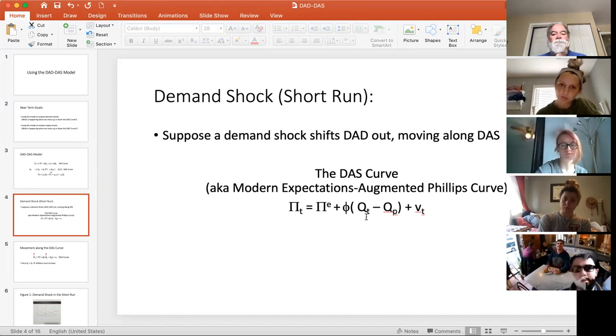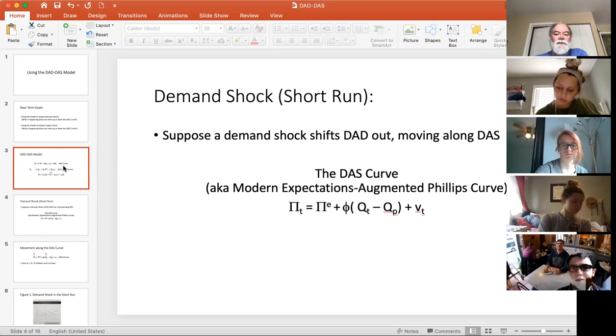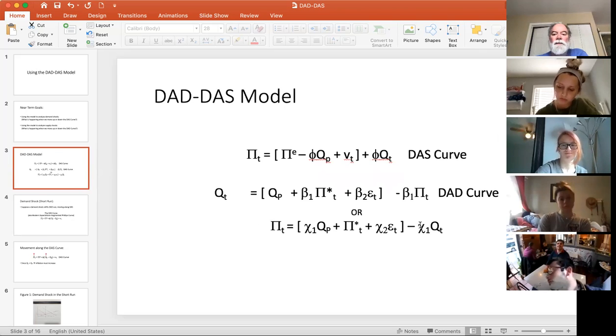Okay. Now, if you think back to the DAD curve up here, okay, what's happening with a demand shock is the epsilon term is changing. Okay, so before the shock, supply and demand shock terms have a value of 0.